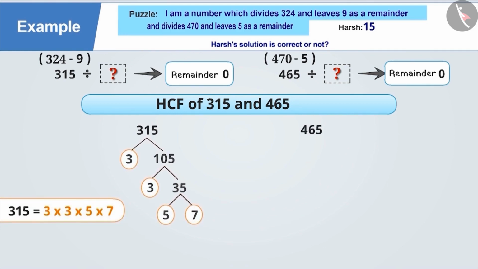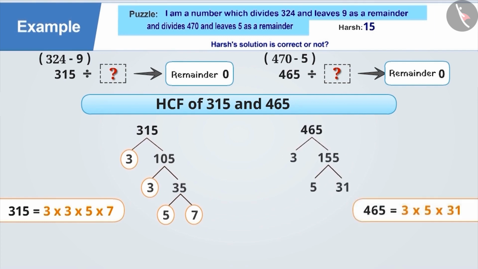Now perform the prime factorization of 465. We get 465 is equal to 3 into 5 into 31. Both 315 and 465 have 3 and 5 as factors. Hence, the HCF of 315 and 465 is 3 into 5, which is 15.